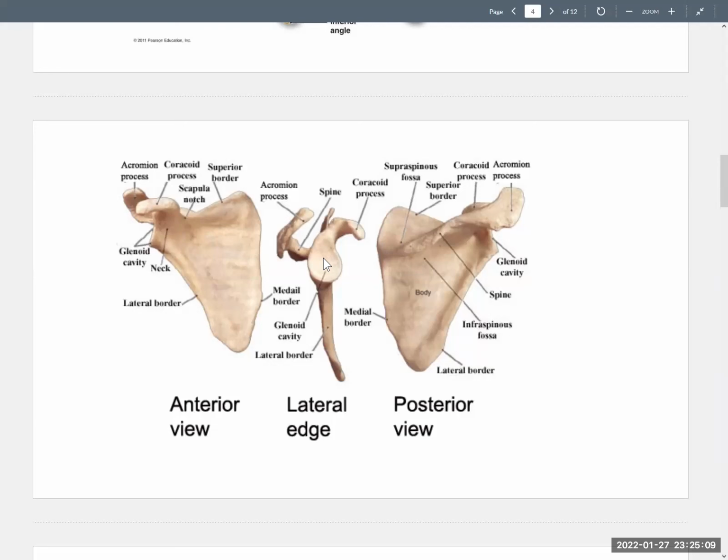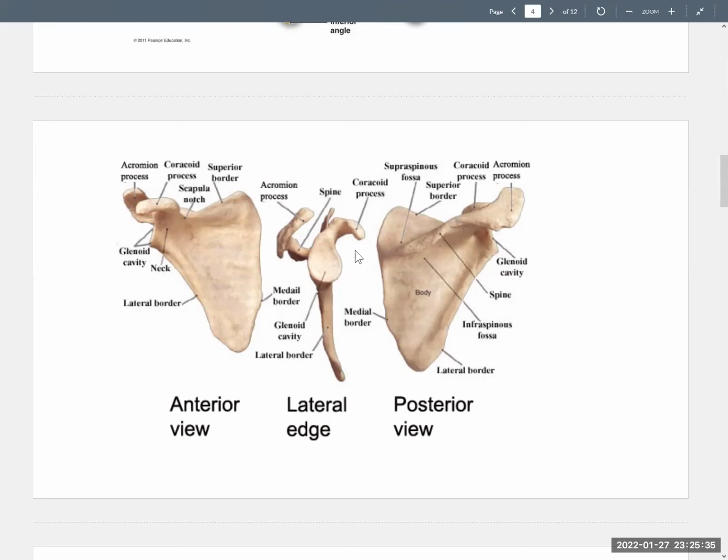Again, we have to get used to the fact that in anatomy, an exact science, there seem to be at least two names for everything. Okay, glenoid cavity. The head of the humerus, your upper arm bone, is going to fit into there.